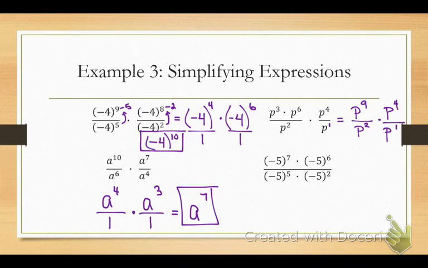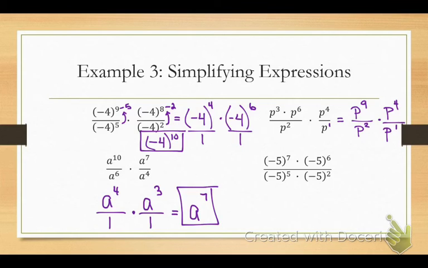So now it's up to you if you want to simplify the fractions by themselves and then multiply, or if you want to multiply and then divide. All right, I'm going to simplify each fraction. What is p to the power of 9 over p to the power of 2? What would that simplify to?